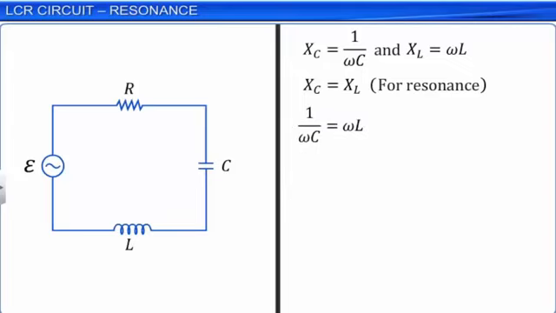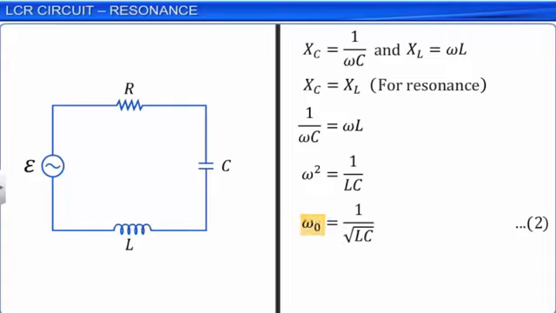On further simplification, we get omega equal to 1 by square root LC. Let this be equation 2. Let us now call this angular frequency omega naught. This frequency is also referred to as the resonant frequency of the circuit.